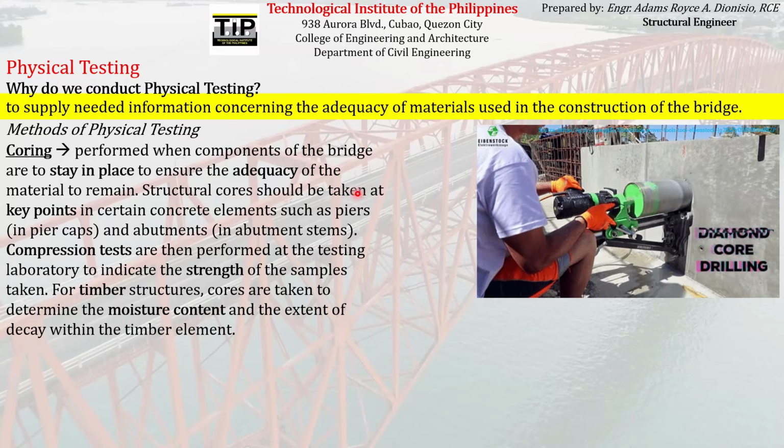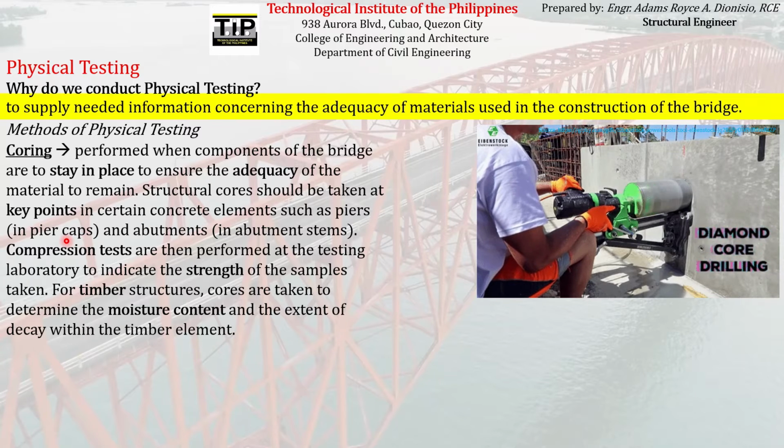Structural cores should be taken at key points in certain concrete elements such as piers, in pier caps. So the core must be collected from the pier caps themselves in the case of piers, and in the abutment stems for the case of abutments.